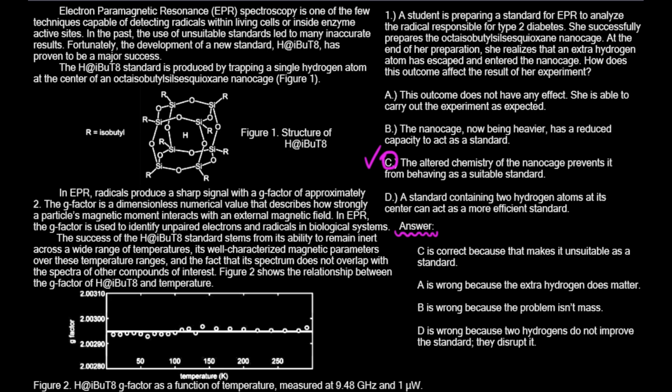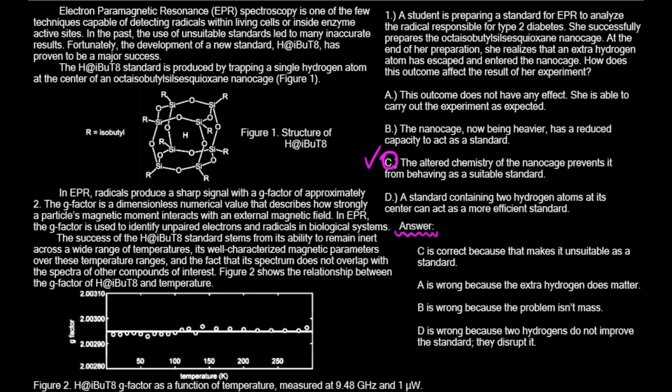In this problem, an extra hydrogen atom accidentally enters the nanocage. This changes both the chemistry and the magnetic properties of the standard. When two hydrogen atoms are forced into close proximity, they can interact and form an H2 molecule, which has paired electrons and is no longer paramagnetic.